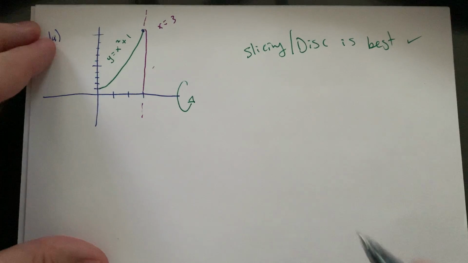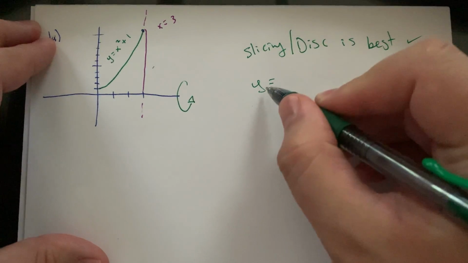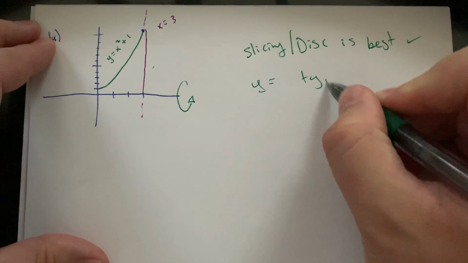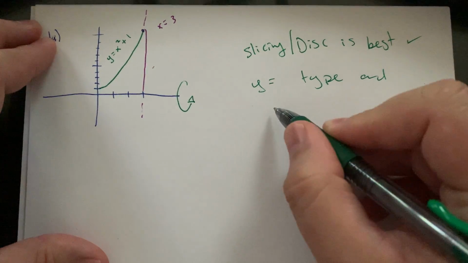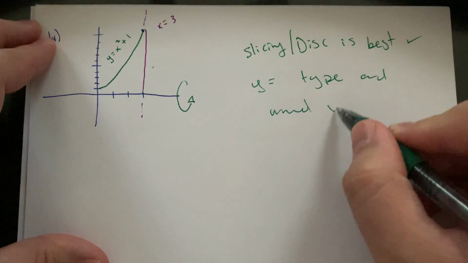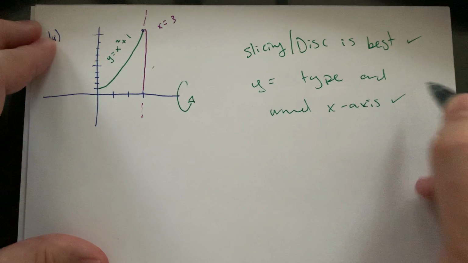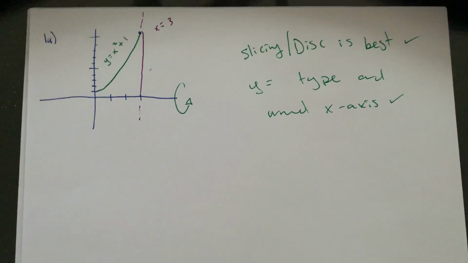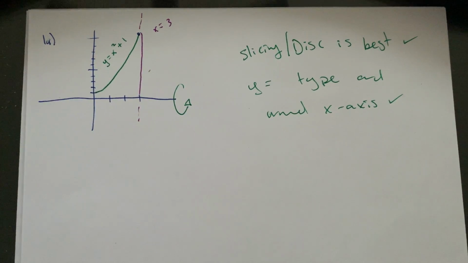That's best because we have a y equals type function, and we're going around the x-axis. In general, with those two things as our setup to get us started, a disc and washer type is probably going to be best.